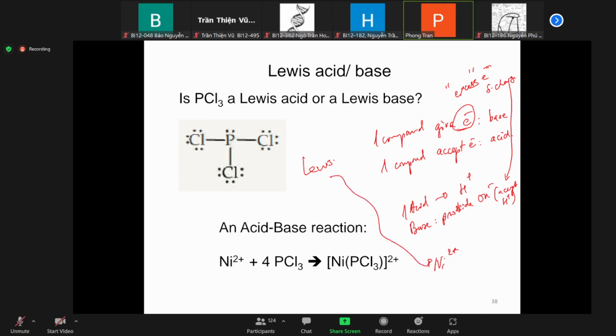If you apply the concept that acids provide H plus, nickel 2 plus cannot provide H plus, so it's not acid. But if you say that nickel can accept electron and become acid, then nickel is an acid because it accepts electron. You get what I mean?